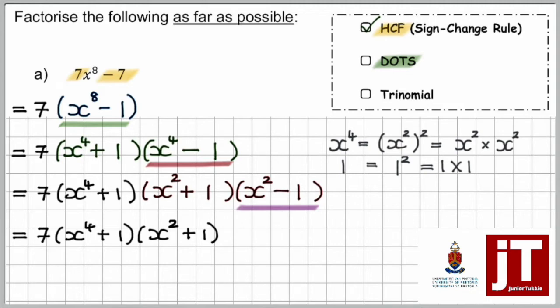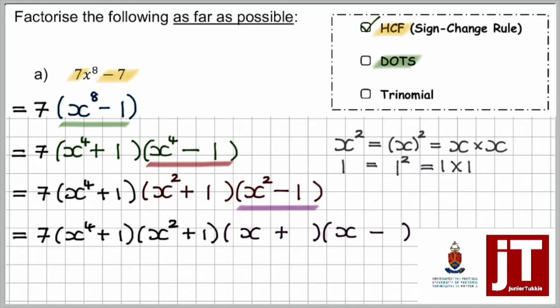Now, to factorize that difference of two squares, we write out two sets of brackets, a plus sign in the one and a negative sign in the other. To obtain x squared, we simply say x multiplied by x. So the first term in each set of brackets is x, and the second term in each set of brackets is 1.